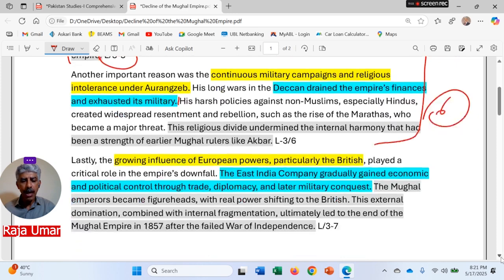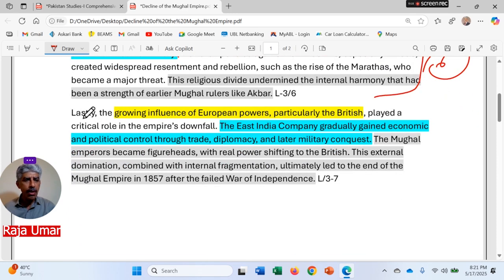And if he writes another reason over here, lastly, the growing influence of European powers, particularly the British, played a critical role in the empire's downfall. The East India Company gradually gained economic and political control through trade, diplomacy, and later military conquest. The Mughal emperors became figureheads with real power shifting to the British.